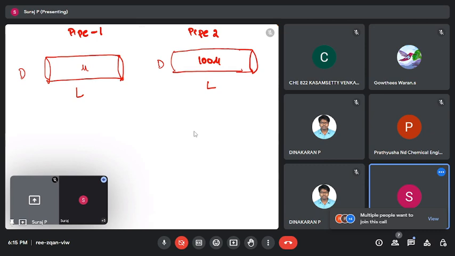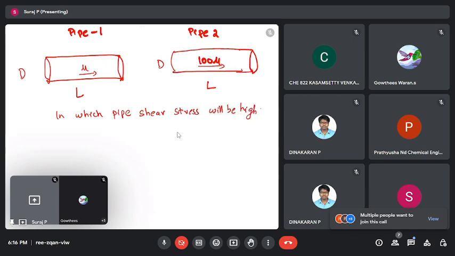Both are flowing fluid. So in which case the shear stress will be more? Sir, pipe 2, sir. So can anyone tell this? If you can comment in the comment box, it will be better.